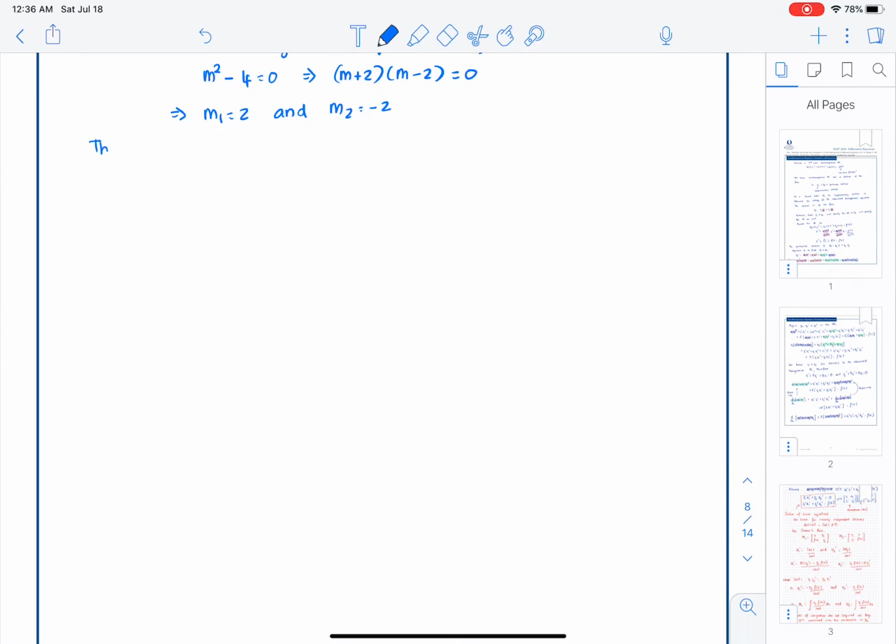So the complementary solution is y equals c1 e raised m1x plus c2 e raised m2x, and that's what we have. So now we know y1 is e raised 2x and y2 is e raised minus 2x.